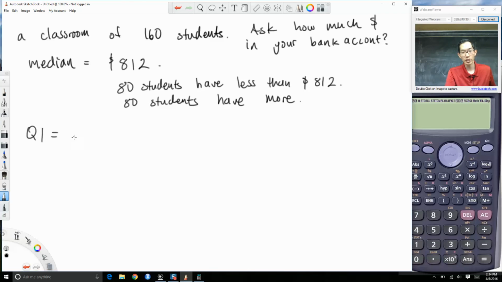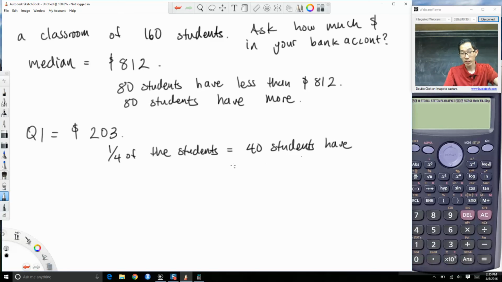Q1, again, I'm just making this up, so don't ask me where I came up with this number. We'll say Q1 is $203. In a classroom of 160 students, 1/4 of the students, so that would be 40 students, have less than 203, and 3/4 have more.